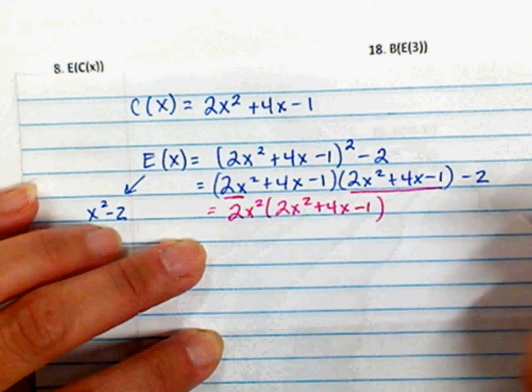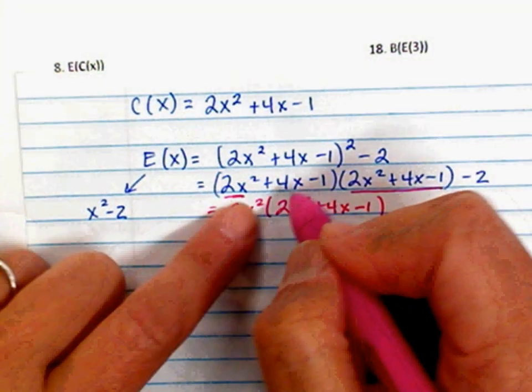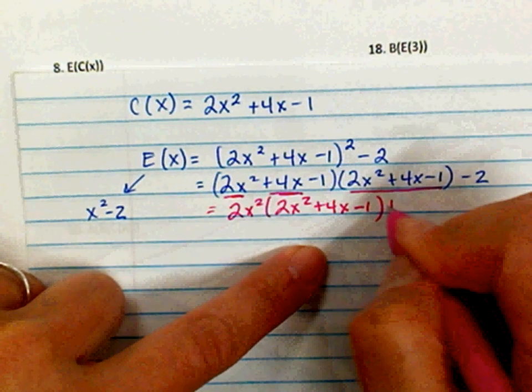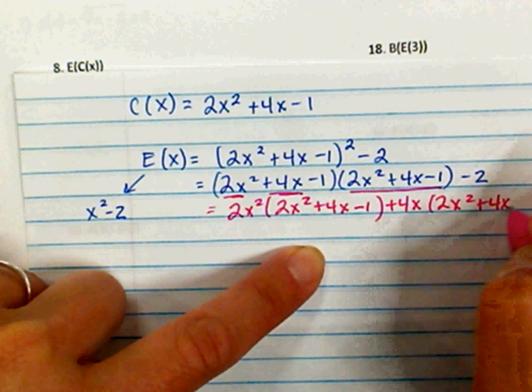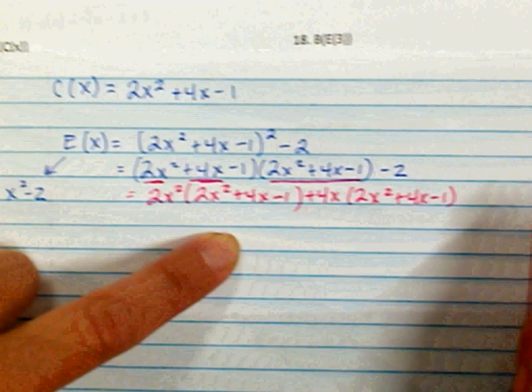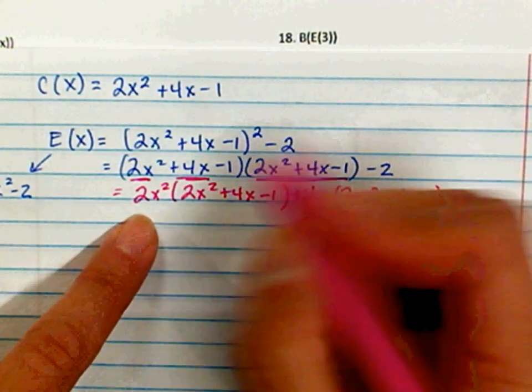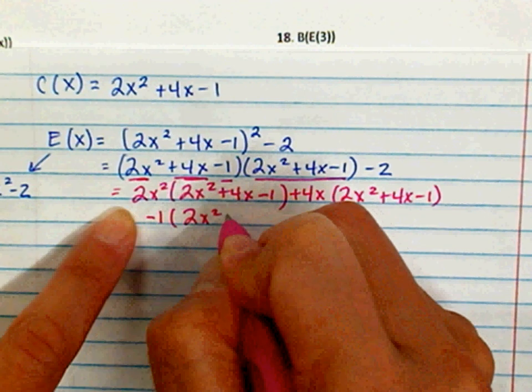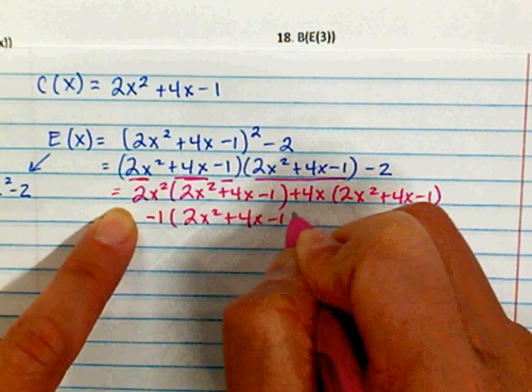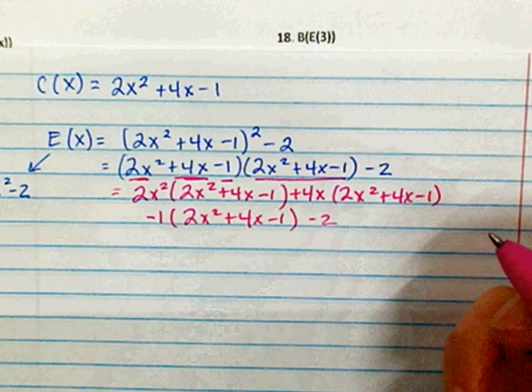See that? You take the next one, times all of that. Keep going. You take the next one, negative 1, you times all of it. Now I'm just showing you the step by step. Some of you could skip some of this part, but I like to write them all.